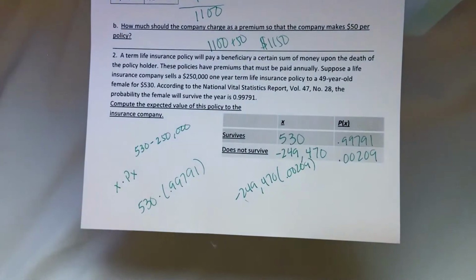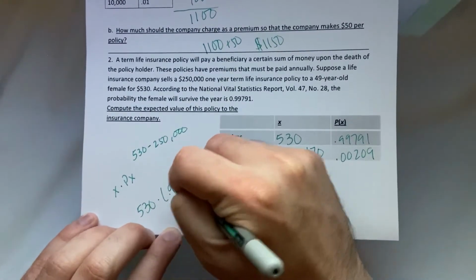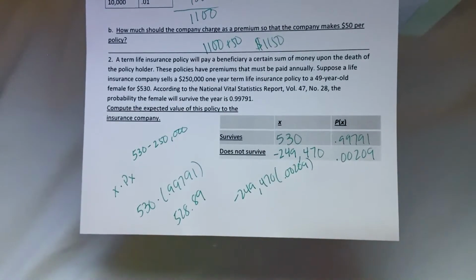This is where we get a calculator, even though we know what the answer is. $528.89 for the positive one.